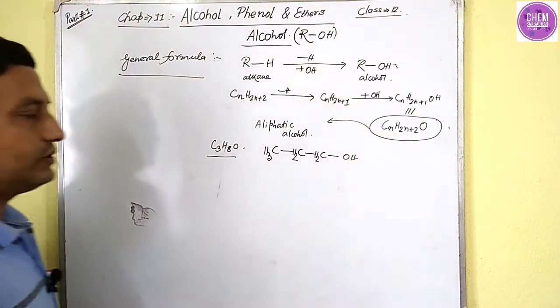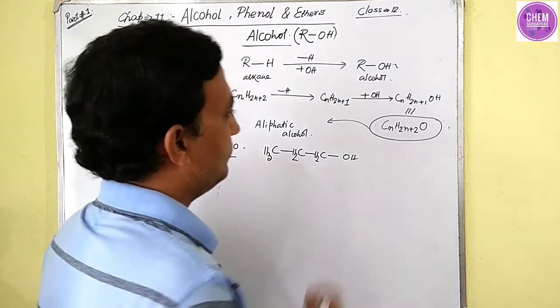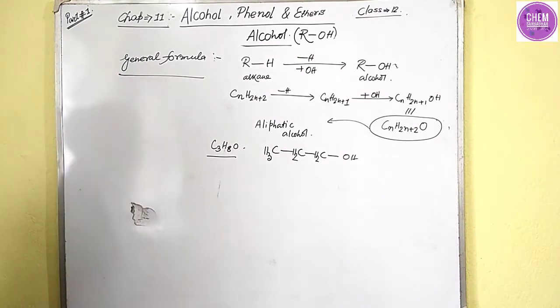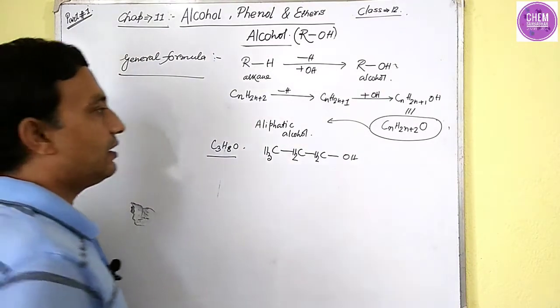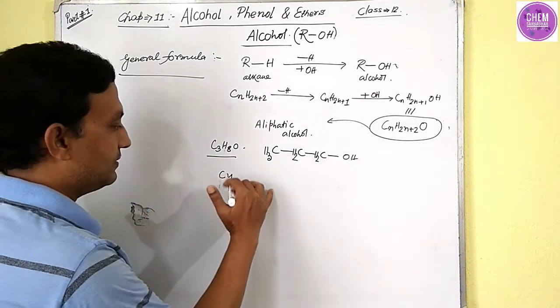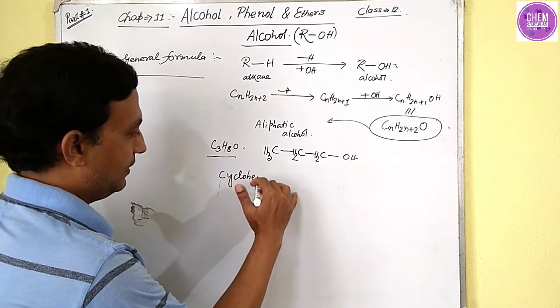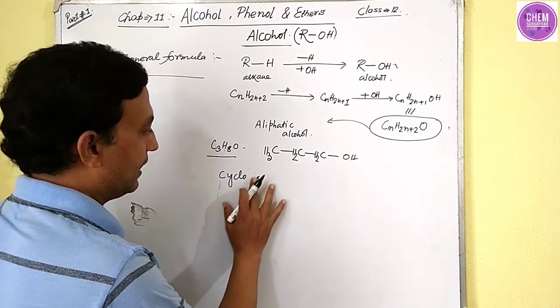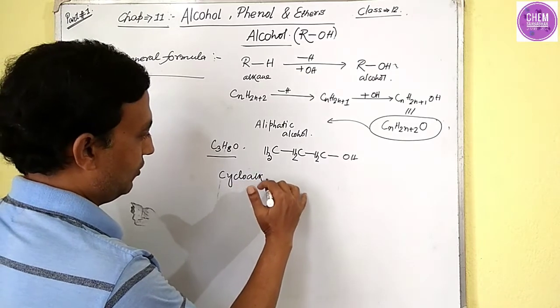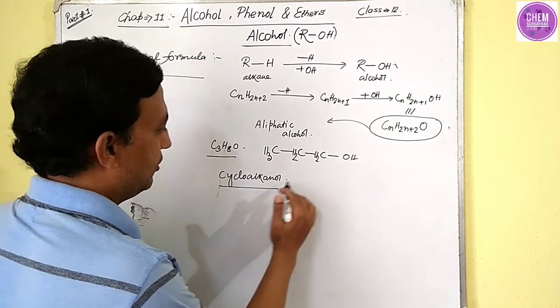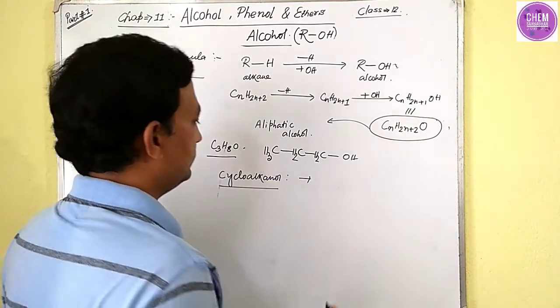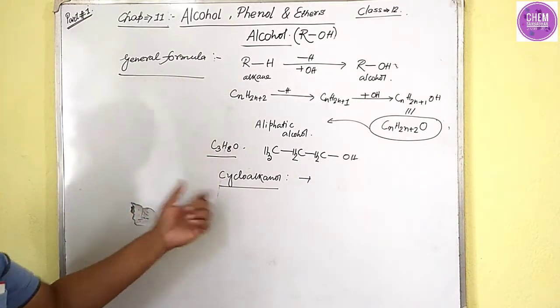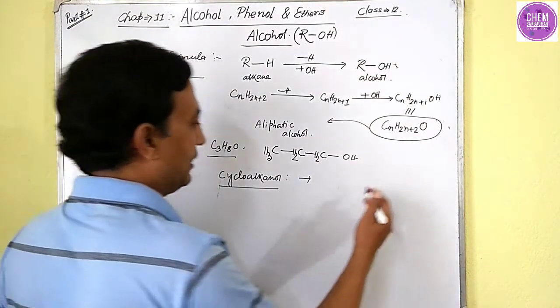Now the question I asked at the beginning of the video: write down the general formula of cycloalkanol. Cycloalkanol means there is one cyclic part along with the hydroxyl group.